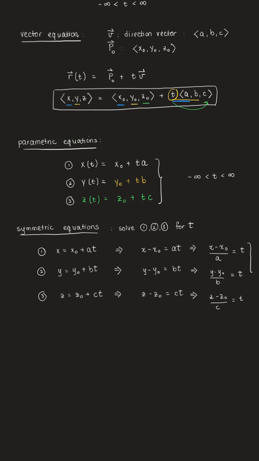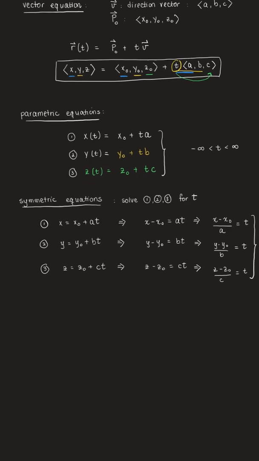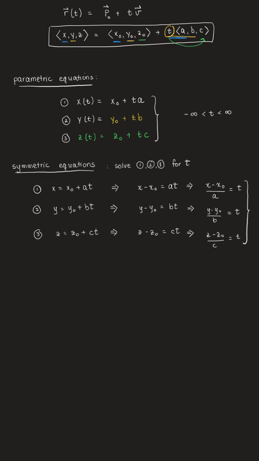Now these are all the same t. So the symmetric equation is actually one equation that can be written x minus x sub 0 over a equals y minus y0 over b equals z minus z0 over c, because all of this is actually t. So these are called the symmetric equations. So we've got a vector equation, the parametric equations, and the symmetric equation, and they all represent the same line.